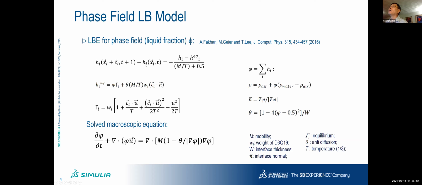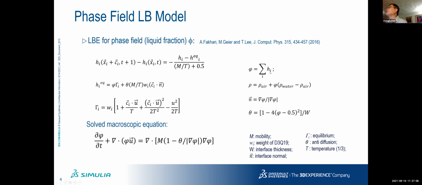This is the lattice Boltzmann equation for the phase field parameter phi. Here M is called mobility, which is something similar to diffusivity.